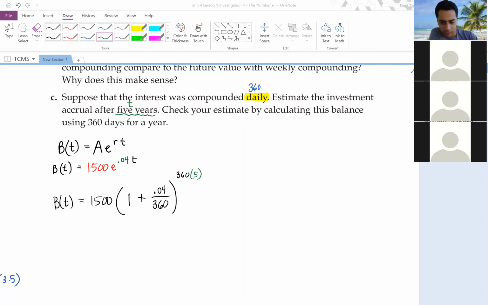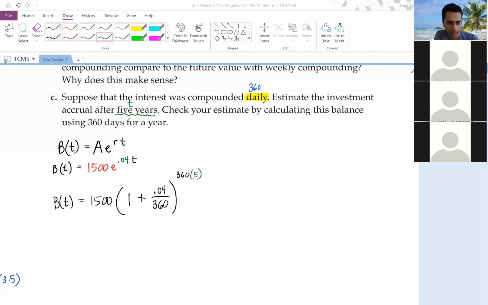So we have 1,500 times 1 plus 0.04 divided by 360 to the 360 times 5.